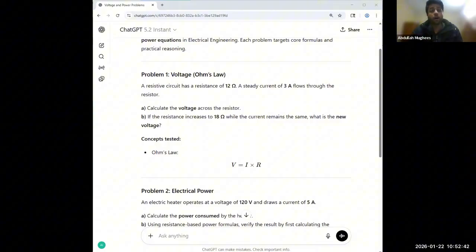But we need to understand how much voltage. So again we use the same formula, the resistance multiplied by the current. The new resistance is 18 ohms and the same 3 amperes of current, 18 into 3, that would be 54 volts.